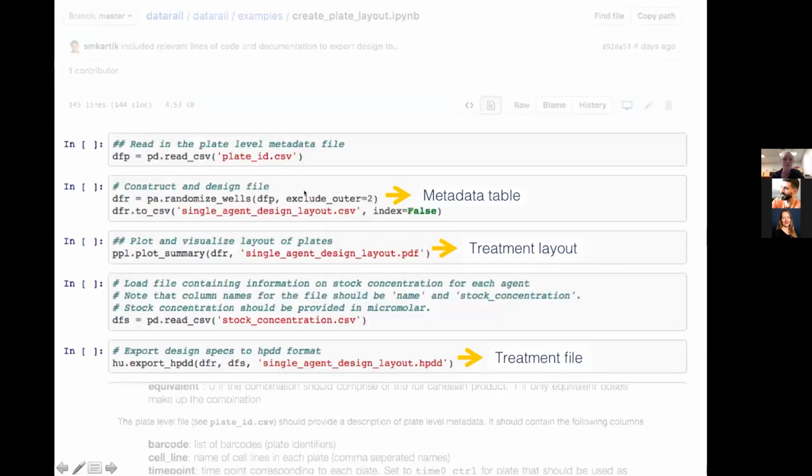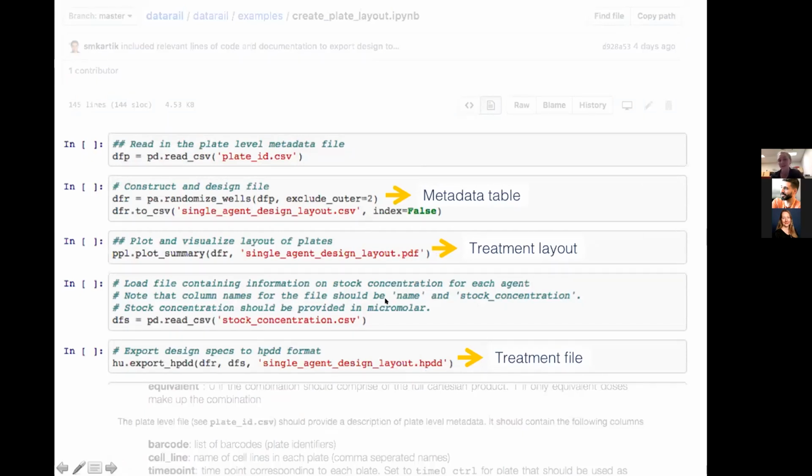What's output from those is a metadata table that can be used downstream to merge with the output from the microscopy analysis, a treatment layout visualization that is just nice to confirm that you've generated a treatment plan that is what you think it is, and a treatment file.